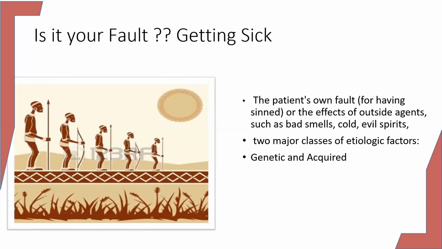The patient's own fault or the effect of outside agents; disease or any effects depend on two things. One is our own level, and the second one is the outside level, like outside agents such as bad smell, cold, evil spirits.